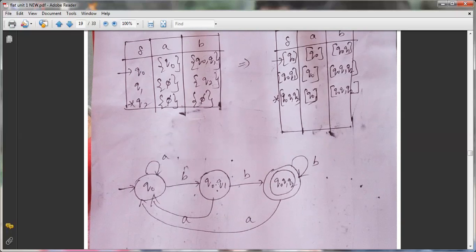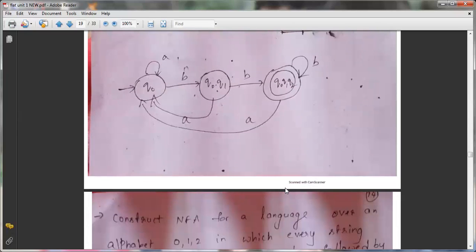Q0, Q1 on A is going to Q0. Q0, Q1 on B is going to Q0, Q1, Q2. And Q0, Q1, Q2 on A is going to Q0. Q0, Q1, Q2 on B is going to Q0, Q1, Q2 only.